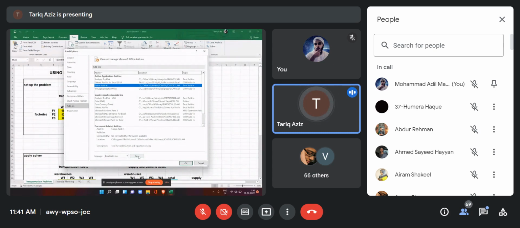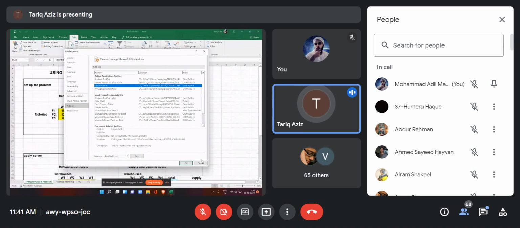A separate dialog will open, because there are several sub-components of solver, and it will ask which components you want to enable. Just select all of them, or if you are very sure you are not interested in some, you may ignore them.